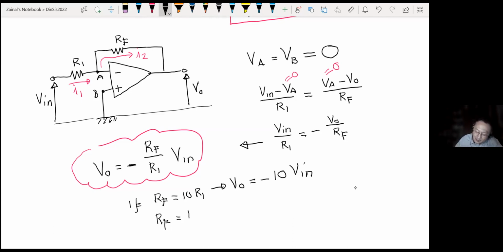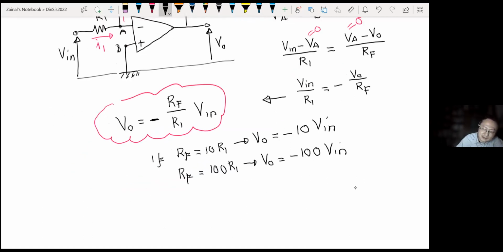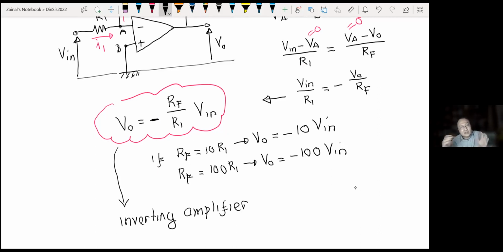If you choose 100 times R1, therefore this one is called an amplifier. It multiplies to become a large signal, because you multiply by 10 or 100 or 1000. Inverting. Why inverting? Because you have this minus.